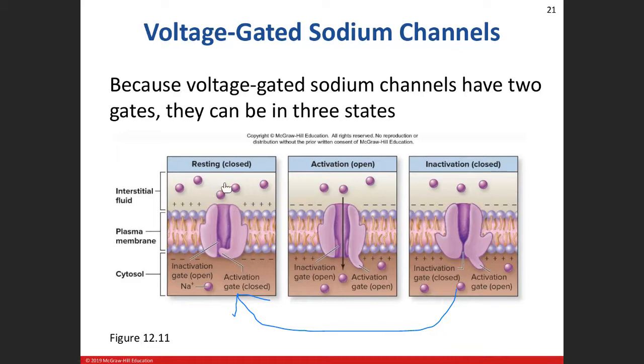But we're still not going to have any entrance of sodium, because one of the two gates is closed. Anytime you have a gate closed, nothing's coming in and nothing's leaving. Both gates have to be open for anything to travel through. And keep in mind, it's only going to travel through when there is a concentration gradient. If you have more in one area and less in another, that's the only time.